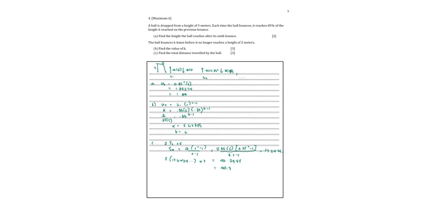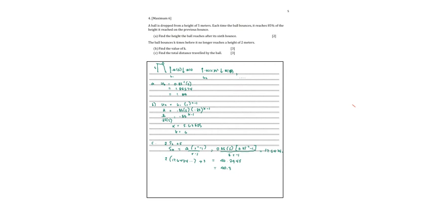Instead, only 0.85 of that. It bounces and then it goes down, and then when it goes up, it must be 0.85 of the previous, and so on and so forth. So we find the height that the ball reaches on the sixth bounce.